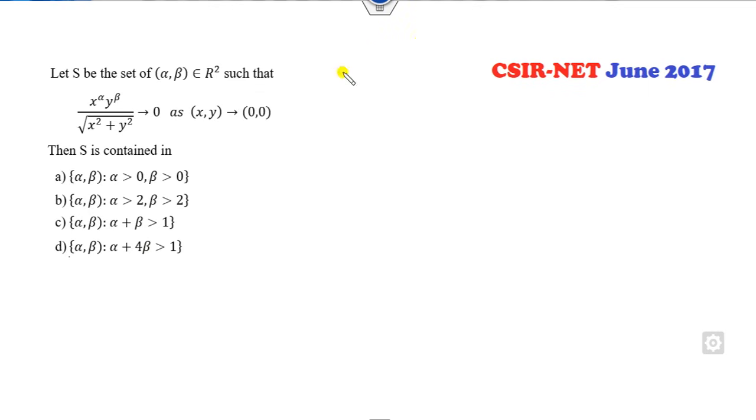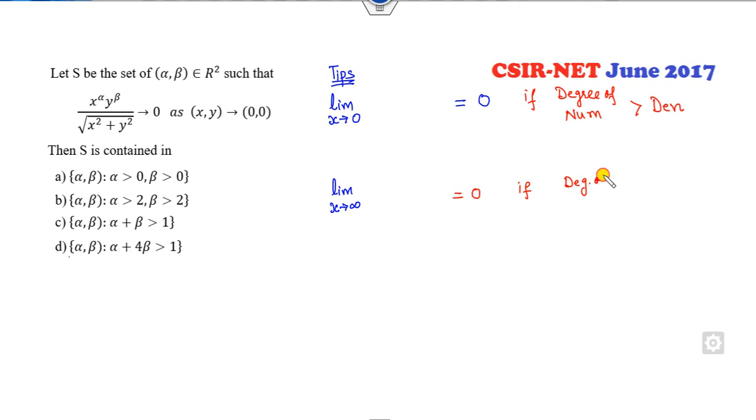Okay, look at this another one. You have to find the limit of this. Firstly I will tell you the limit tips. Whenever you are finding the limit as x approaches 0, or whenever you are finding the limit as x approaches infinity, this value will be 0 if the degree of numerator is greater than the degree of denominator, and this value will be 0 if the degree of numerator is less than the degree of denominator.